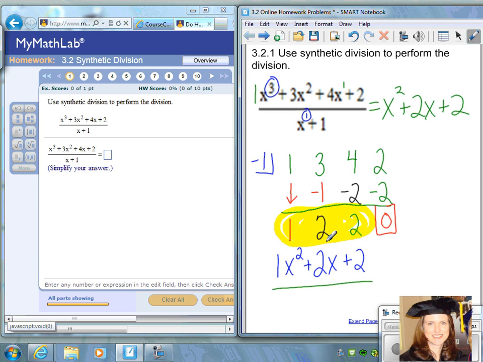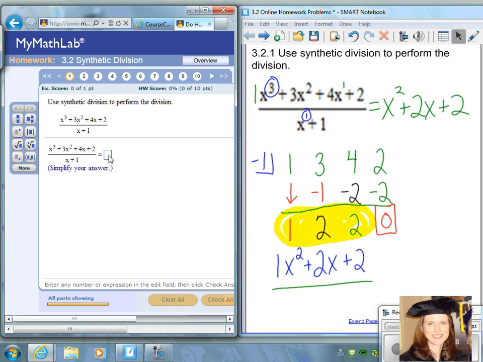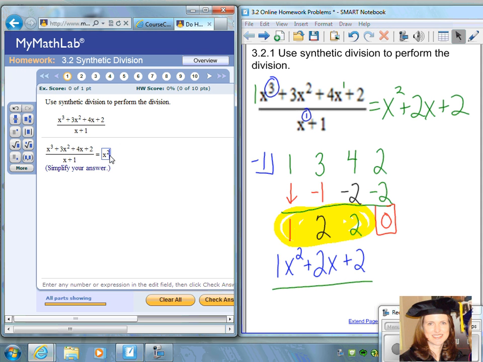Add these together. 2 times negative 1 here, add those together, 2 times negative 1 here, and add those together. This last one is a remainder of 0, so it goes in evenly, we don't have any fractions. That's going to be our answer. X squared plus 2x plus 2.